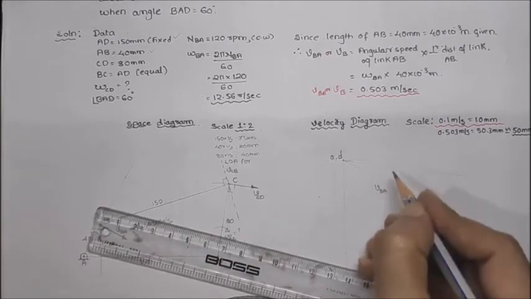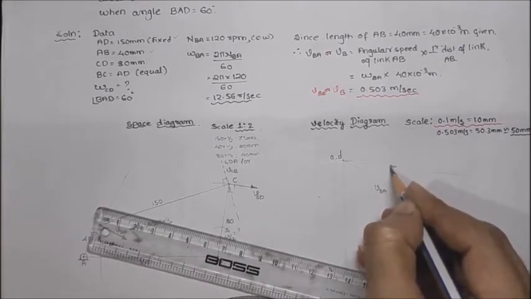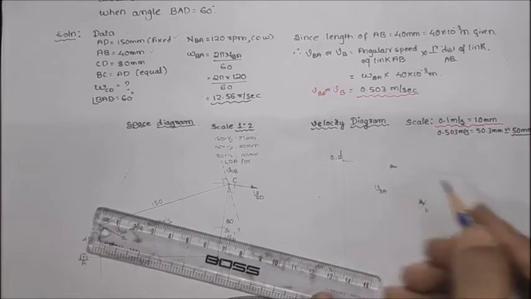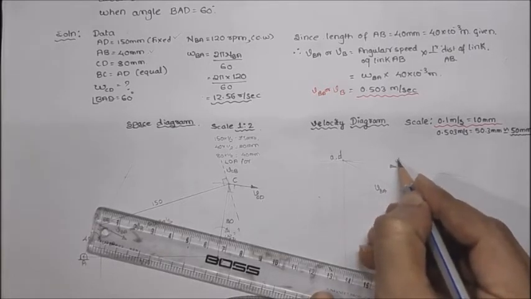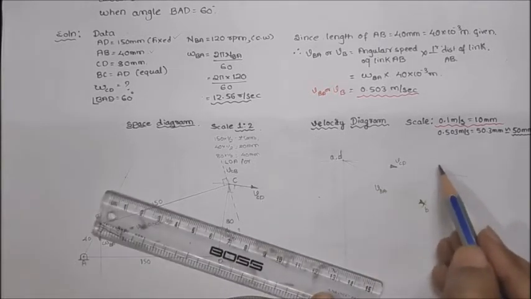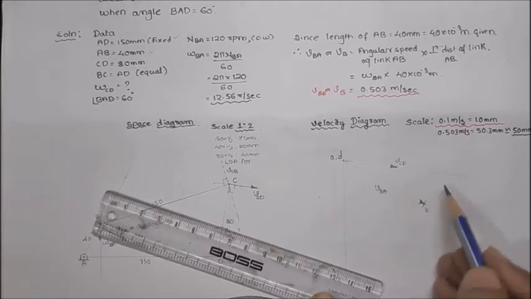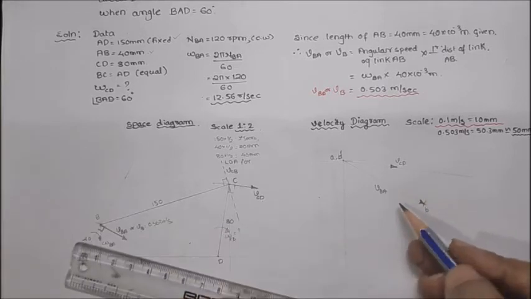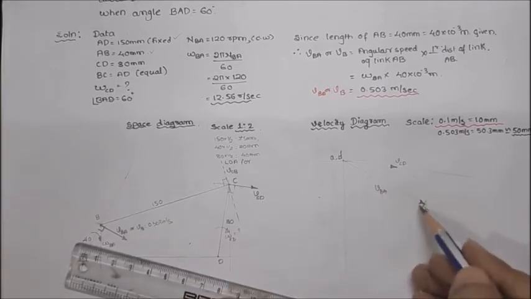We'll name this direction as the velocity of C with respect to D, but we don't know its magnitude, where it has to end. So where it is going to end, we don't know.